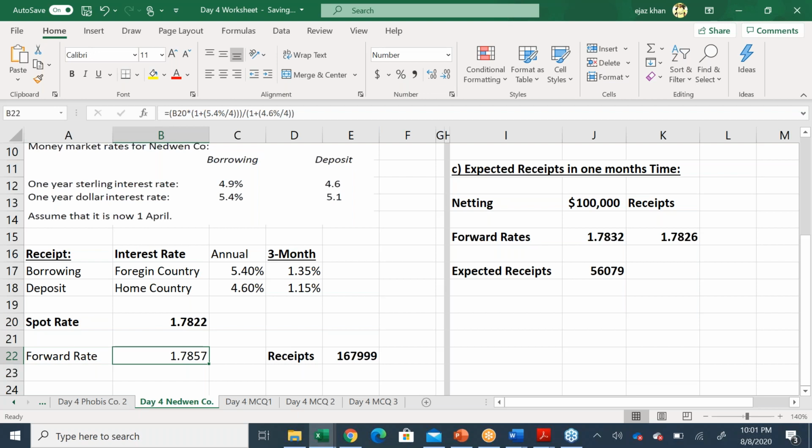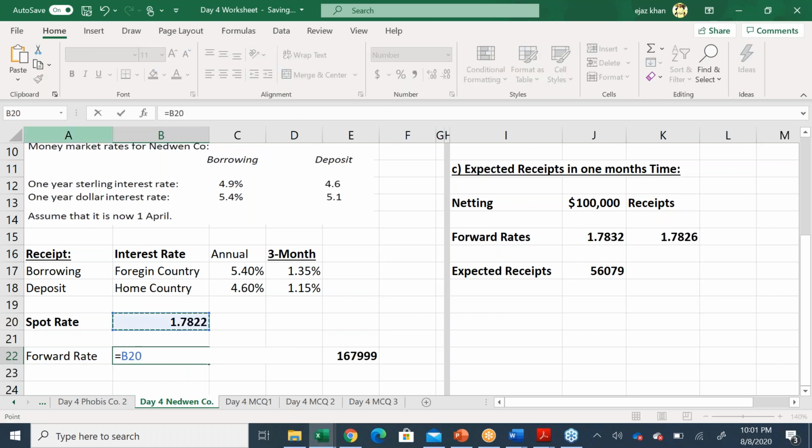Let me calculate again. The spot rate into 1 plus. Since the rate is in dollars, which is the foreign currency, we write the foreign currency rate in the numerator, then divide it by the second rate.